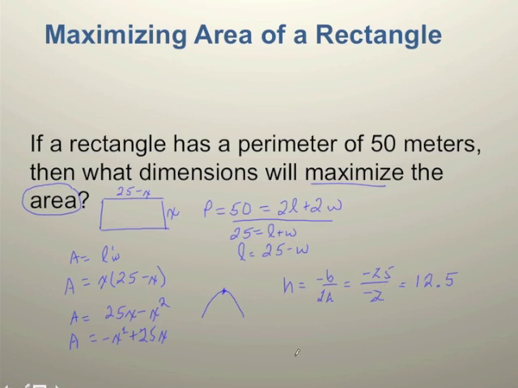So if x is 12.5, that's 12.5 meters, and the other side must also be 12.5, 25 minus 12.5. So the dimensions that will maximize the area are 12.5 meters by 12.5 meters.